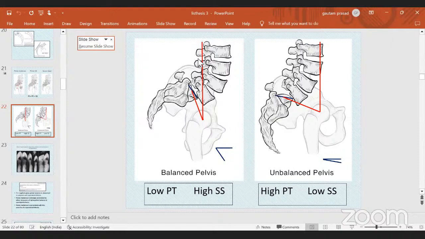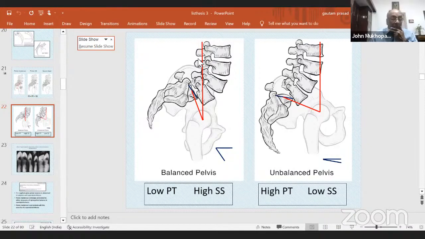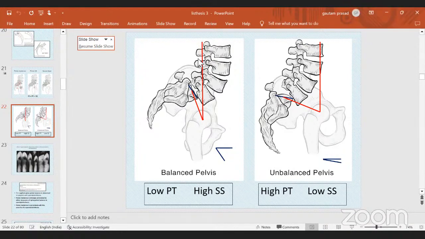As long as the lower end of the spine is not stable, your sagittal vertical axis is not going to pass just ahead of the sacrum. So it's always going to be anterior or posterior. If it's more anterior, the chances of kyphosis at a level above your fixation level will go on increasing. In an osteoporotic patient, that vertebra will go on collapsing.